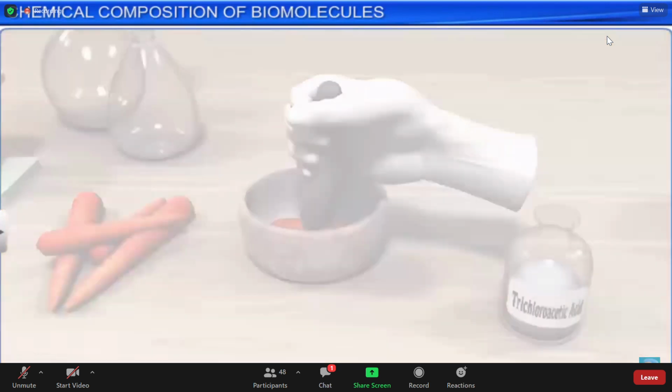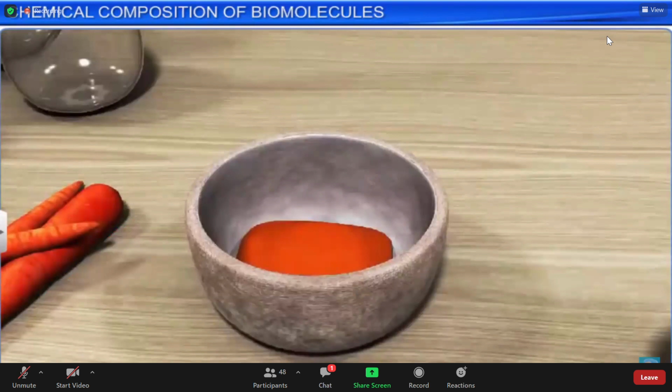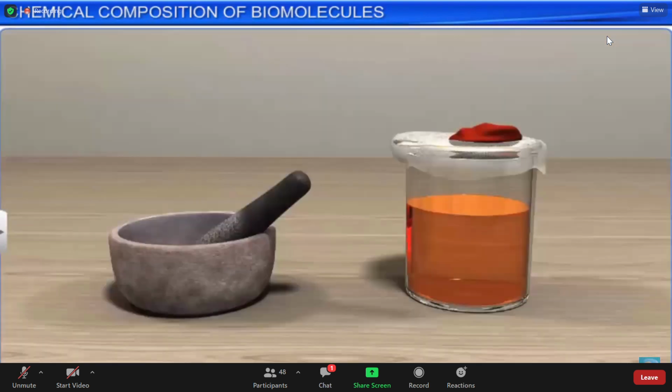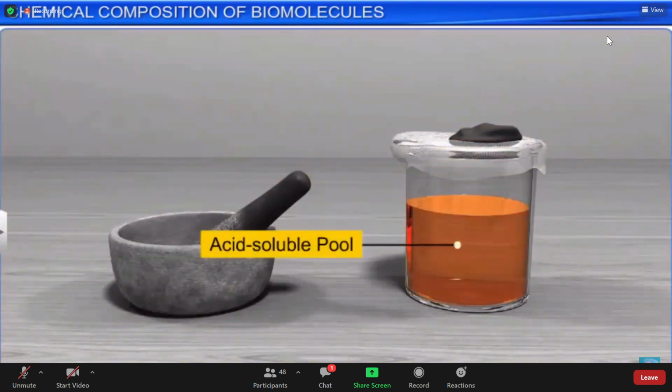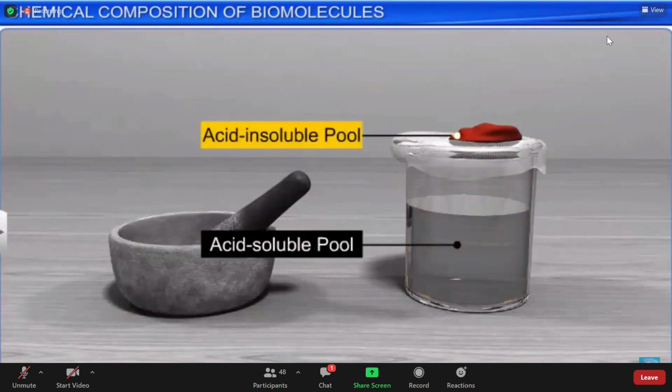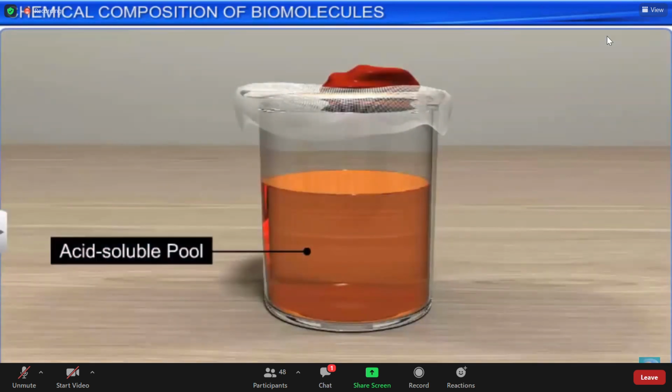As a result, we obtain a thick slurry. Now we strain this slurry through a cheesecloth to obtain two fractions. One fraction is the filtrate or the acid-soluble pool, and the other is the retentate or acid-insoluble fraction. The acid-soluble pool contains organic compounds.